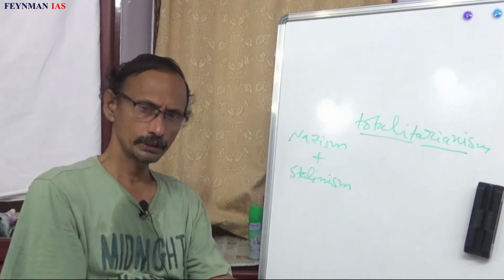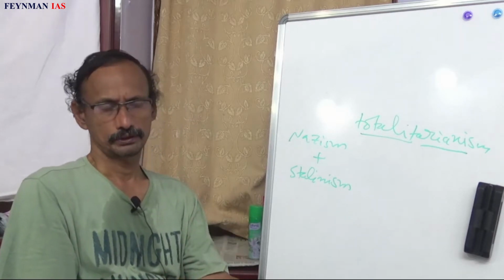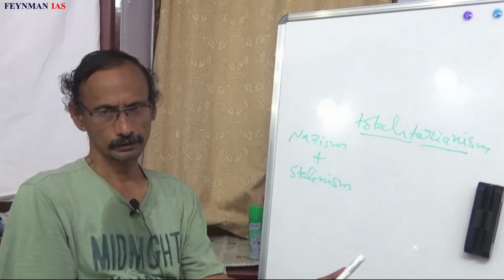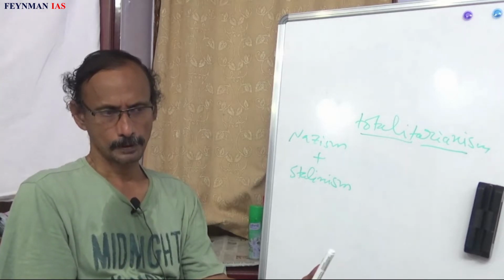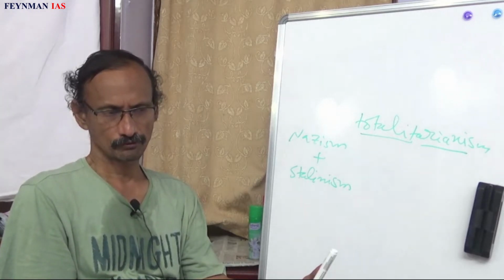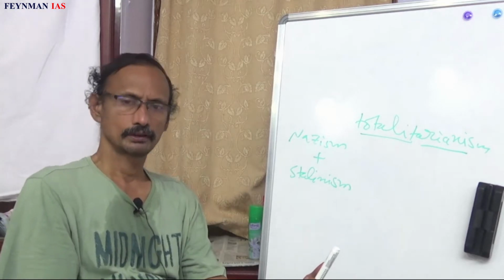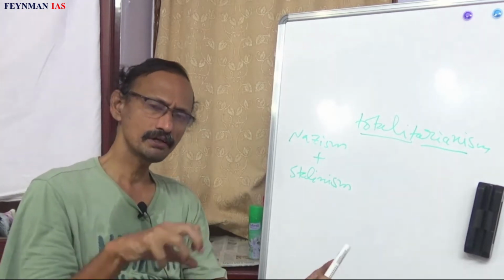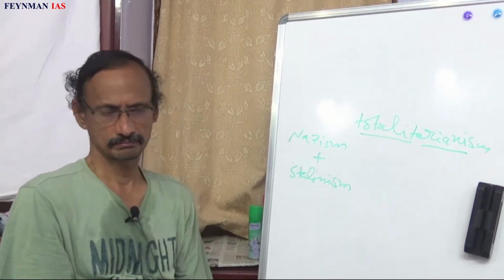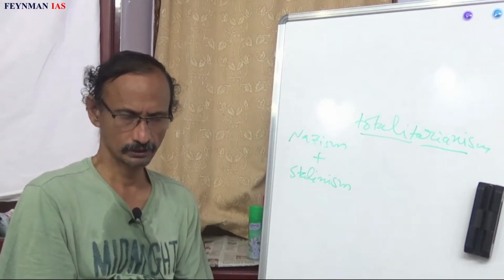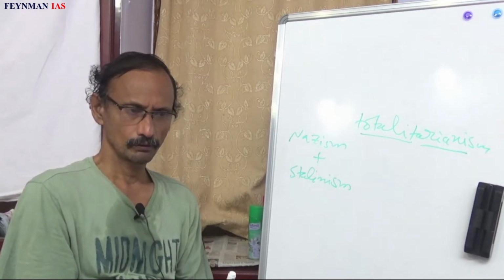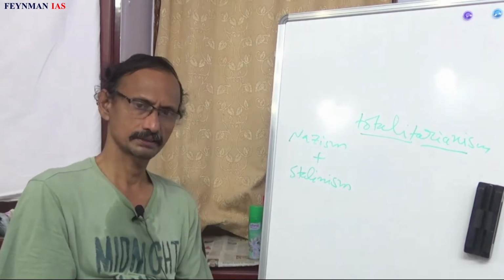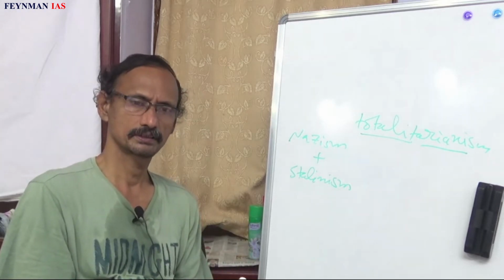So how did she look at totalitarianism? She looked at it from the literal meaning of fascism. How did the word fascism come into existence?